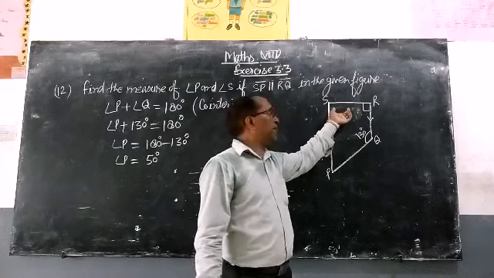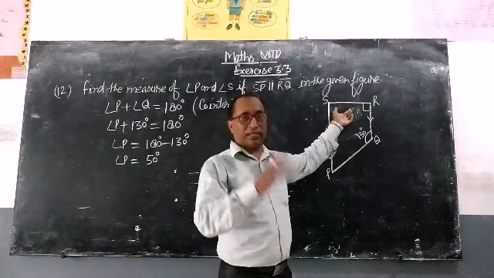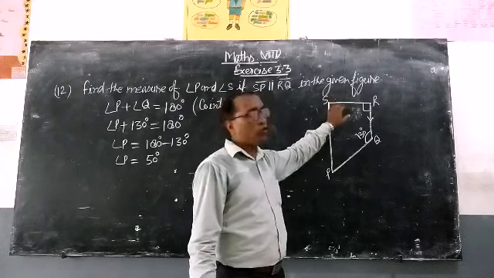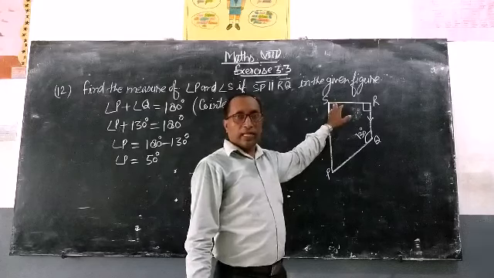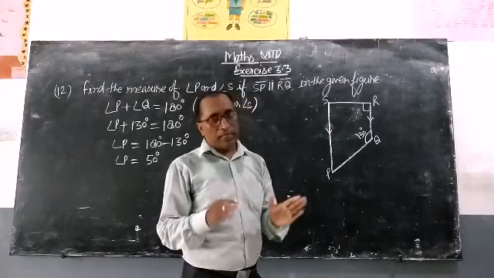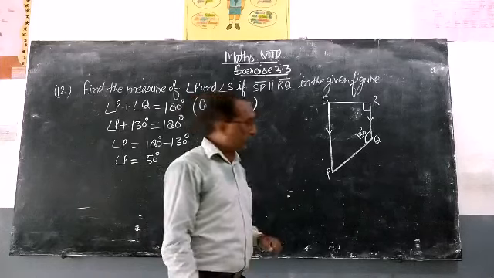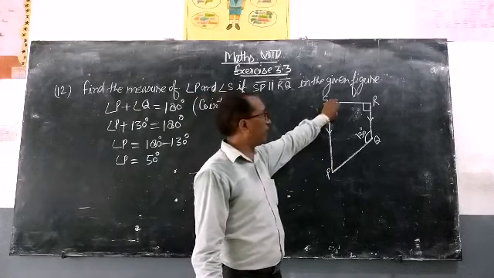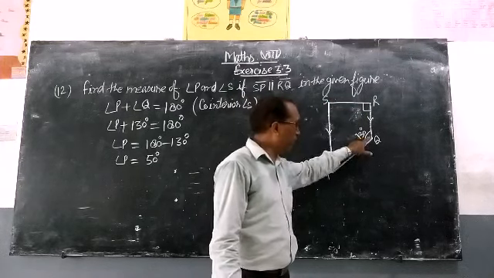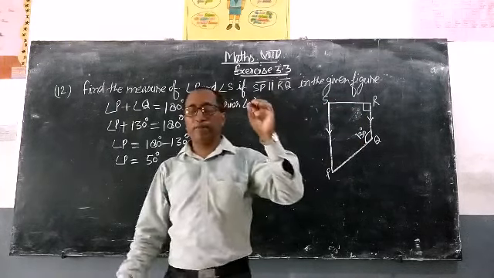Interior angles on the same side of the transversal are supplementary. By this property, you can find the value of angle S. And another method, by the angle sum property of a quadrilateral, you can also find the value of angle S, because you have three angles: angle R, angle Q, angle P.